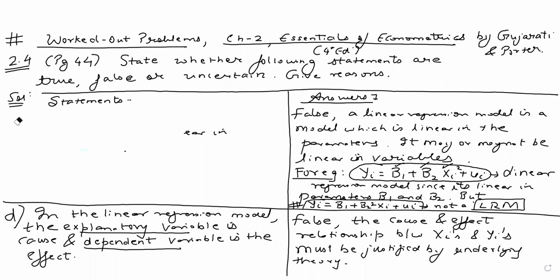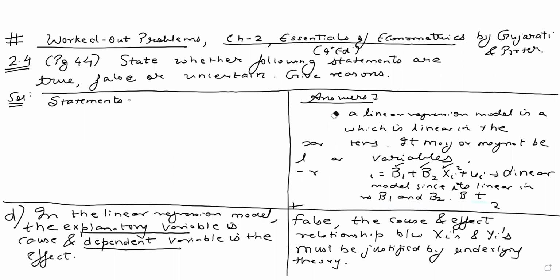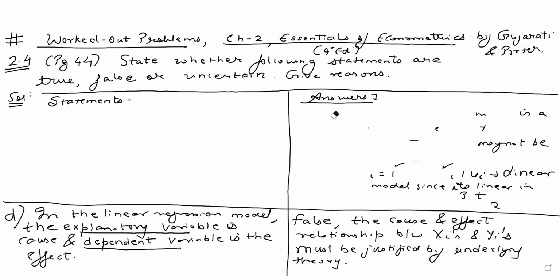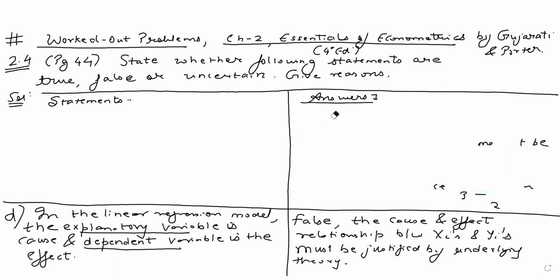Erasing the initial part, let's quickly look at statement E. So let's see what statement E is given to us. The conditional and the unconditional mean values of a random variable are the same. This is also a false statement.